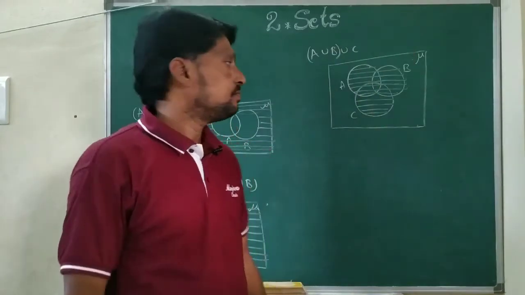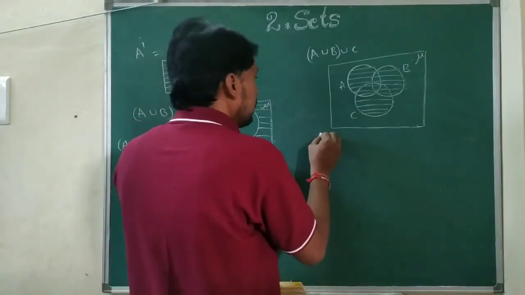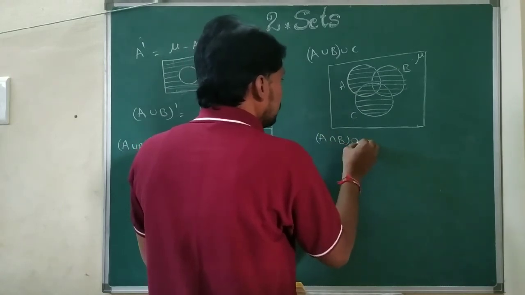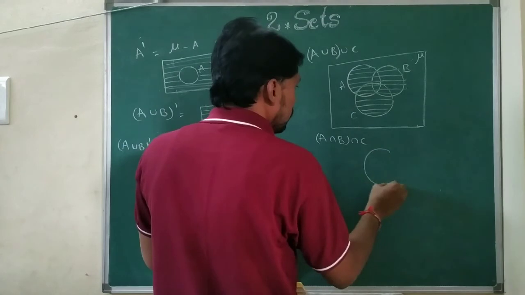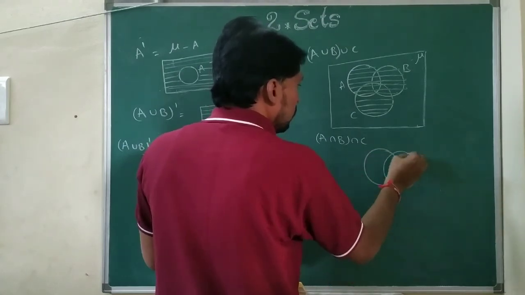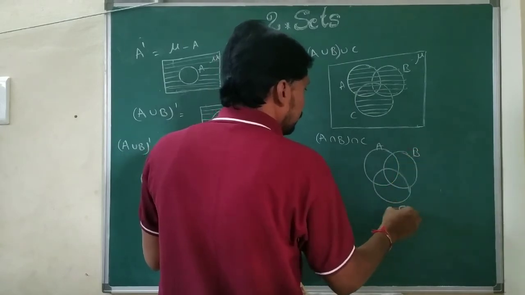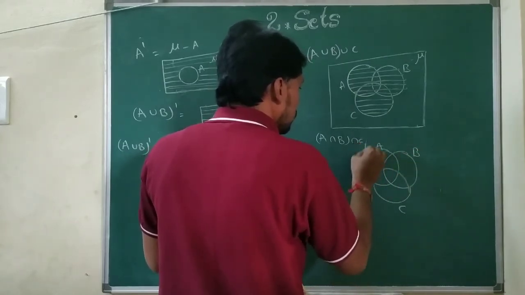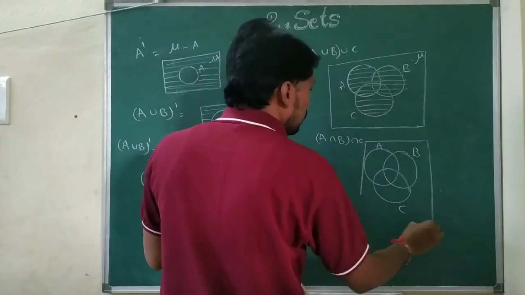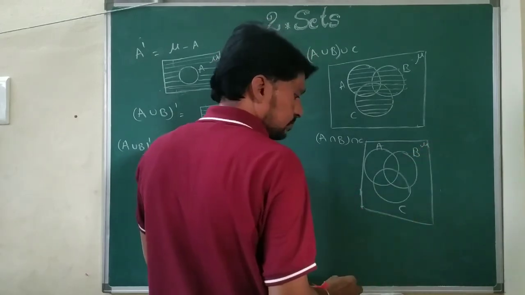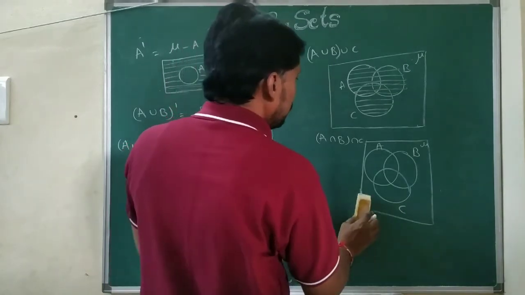Next one is A intersection B intersection C. Here are A, B, C, and this is the mu you can take.